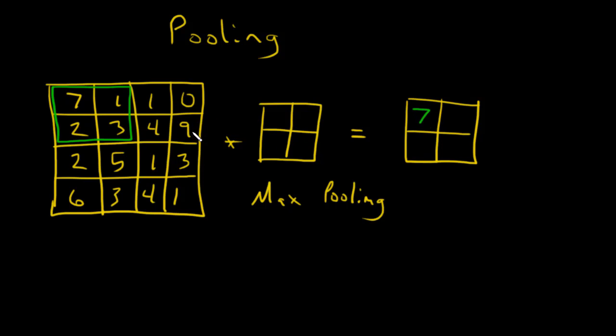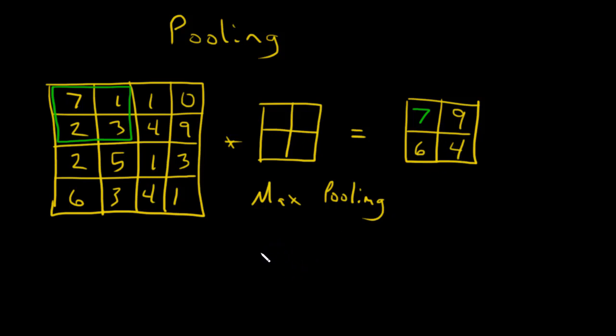And so if I did that again, for this I do kind of a stride of 2 to get over to the next grouping, and then that one would be a 9. That's the largest value in this grouping. And then for this grouping of 4, I've got a max value of 6, and this one I've got a max value of 4. So that is max pooling.